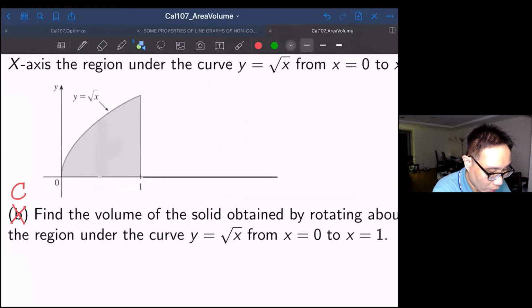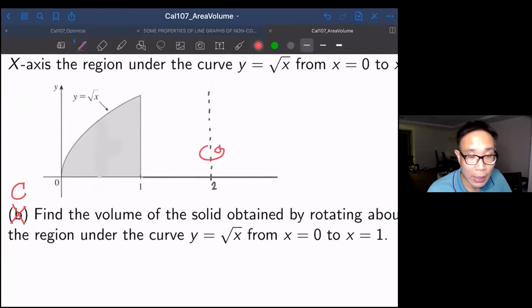Okay, so you have 0, 1, and you have x equal to 2 here. So you have x equal to 2, and you're gonna rotate this one around the line x equal to 2.